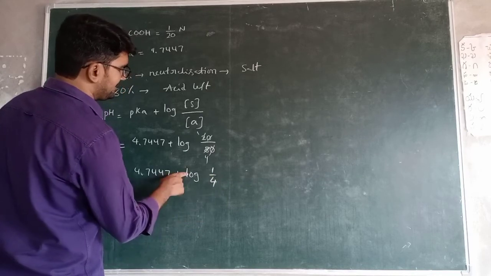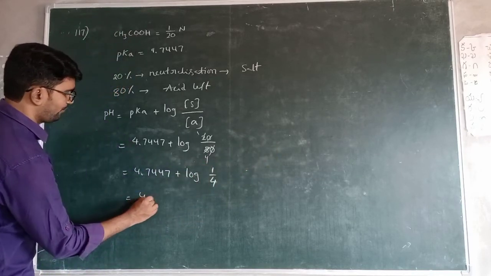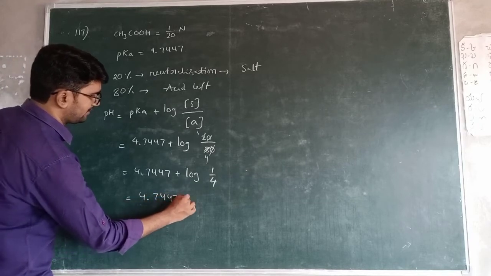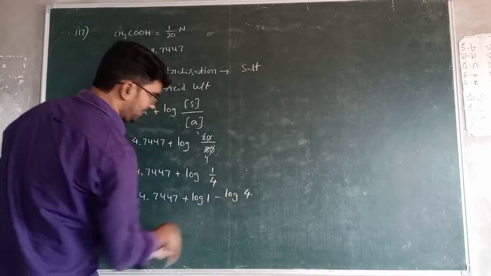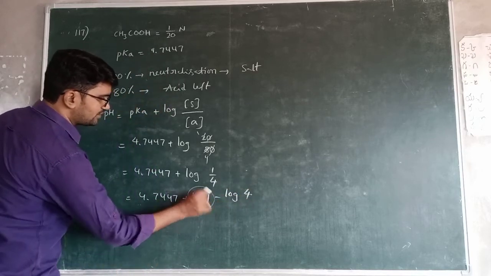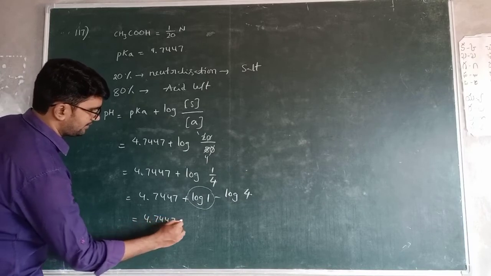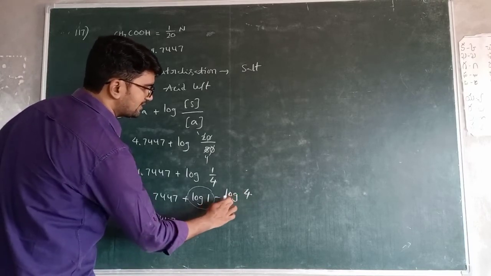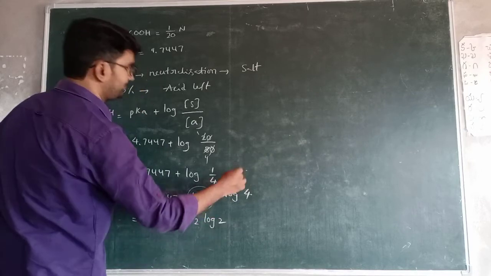Log A by B means log A minus log B. So log 1 value is 0, leave it. 4.7447 minus log 4, which means log 2 squared. Log 2 squared means 2 log 2.